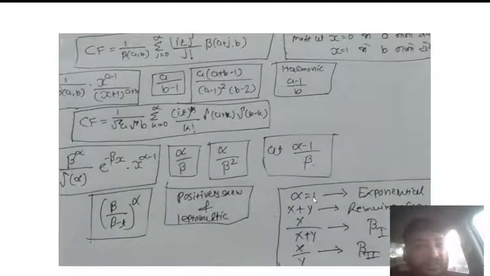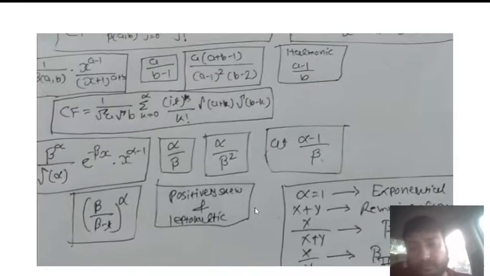If alpha is equal to 1, the gamma distribution turns into the exponential distribution. If x and y are both continuous random variables that follow the gamma distribution, then x plus y also remains gamma distributed. But in that case, x upon x plus y turns into beta of first kind, and x upon y turns into beta of second kind.